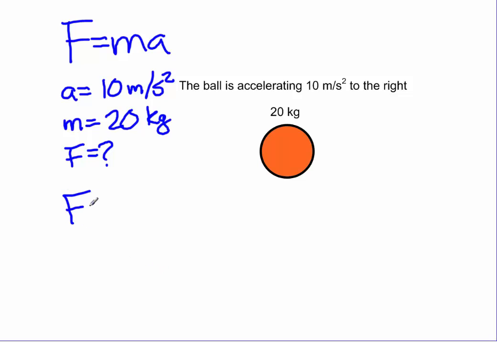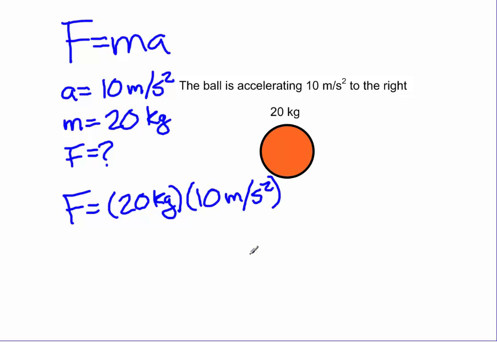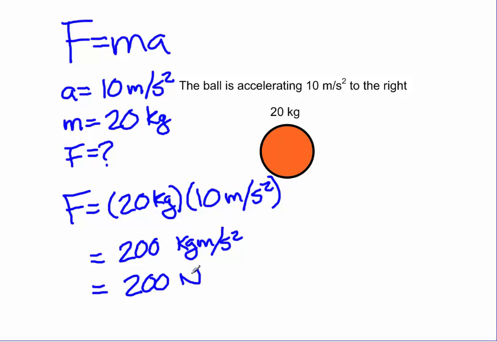We would know that force is equal to the mass, which is 20 kilograms, times the acceleration, which is 10 meters per second squared. So the force, 20 times 10, is 200. And kilograms times meters per second squared would give me kilogram meters per second squared. You have to trust me on that one, or we would just know that it would be 200 newtons.